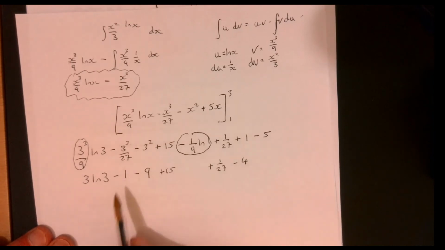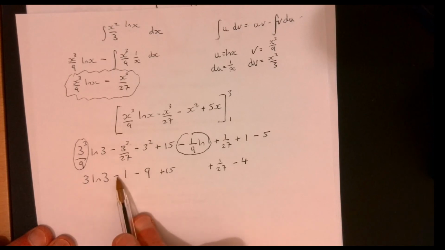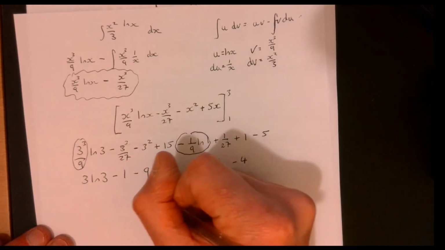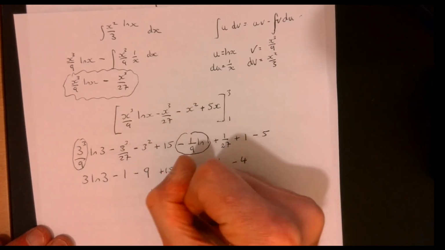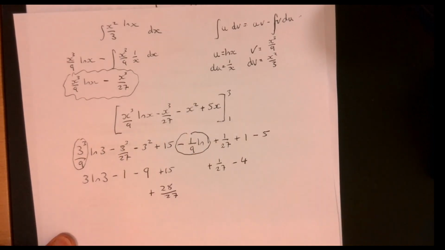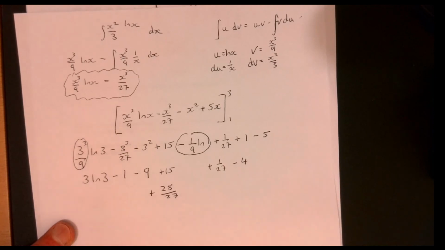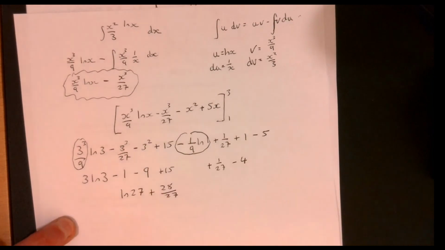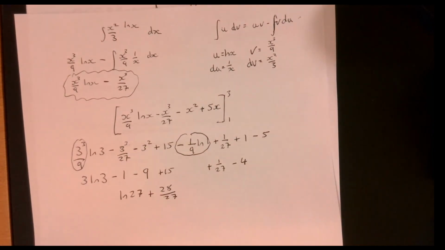So let's see what numbers we got. We got minus 10, minus 14, so that's going to be plus 28 over 27. And then we've got 3 to the power of 3, so ln 27. And there you are.